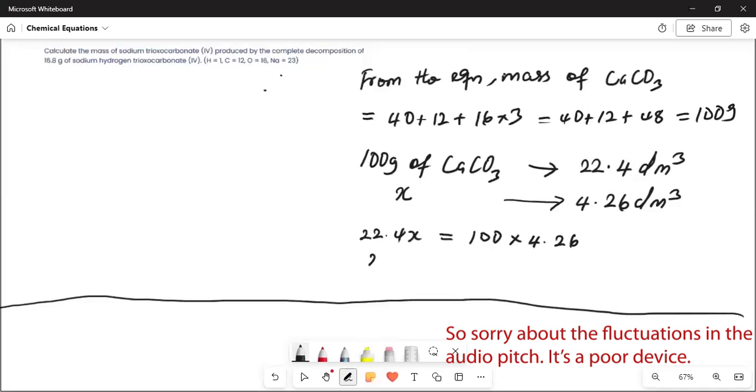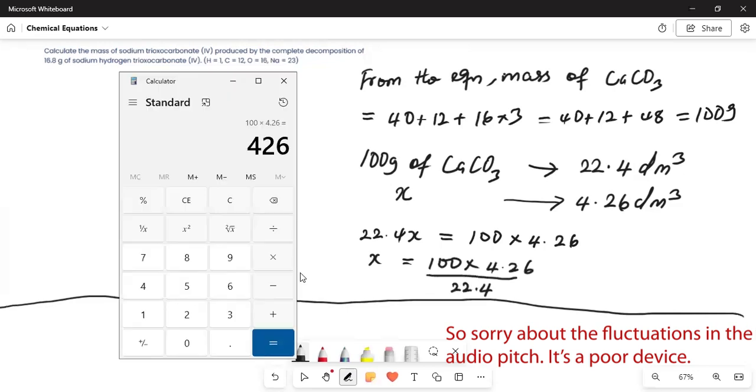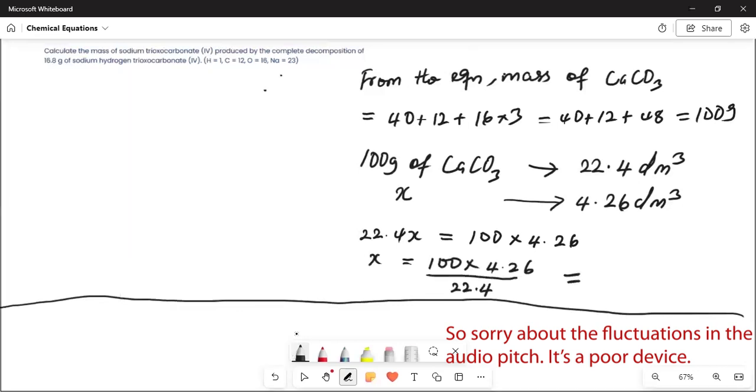So x equal to 100 times 4.26 divided by 22.4, 19.02 approximately, 19.02 gram. That is the mass of the pure salt that reacted.